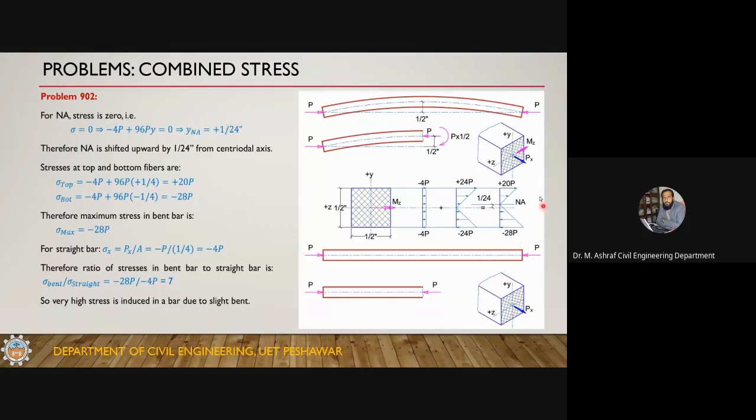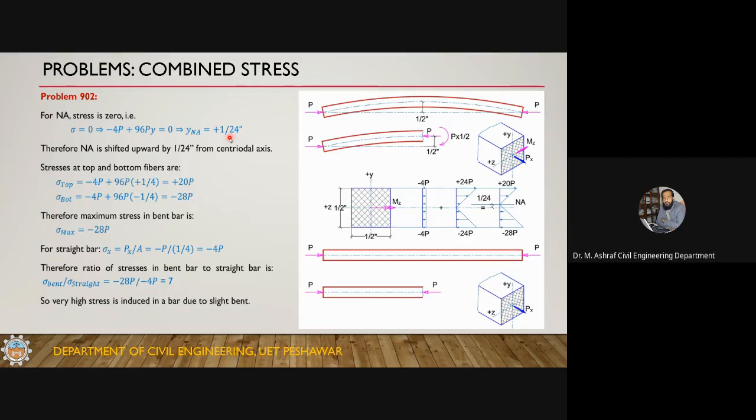We'll talk about this whole stress variation diagram, but in this case, this is the neutral axis, and it has shifted upward, meaning in the positive y direction, so plus 1 divided by 24.